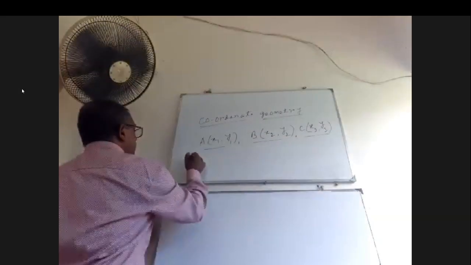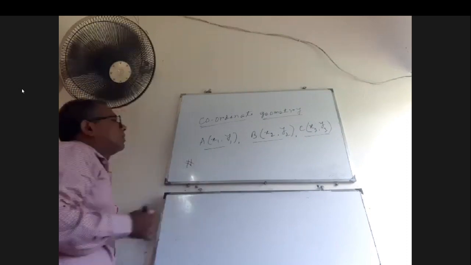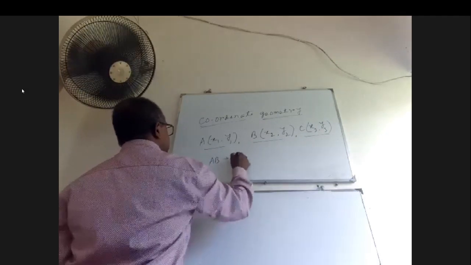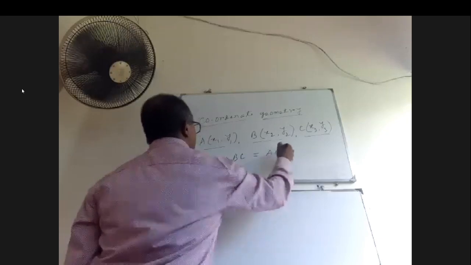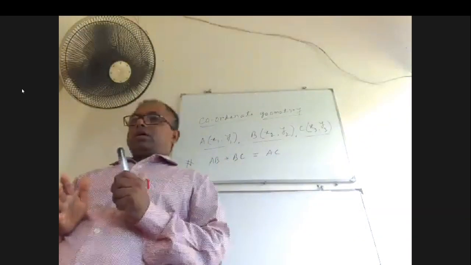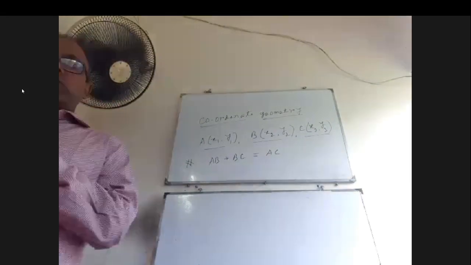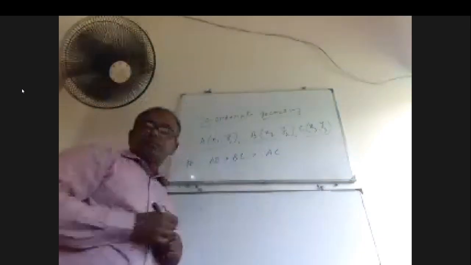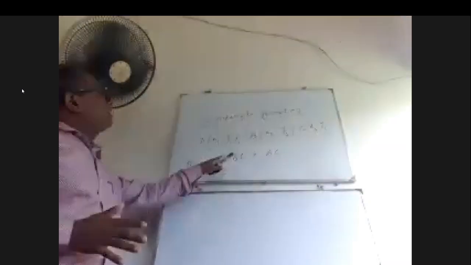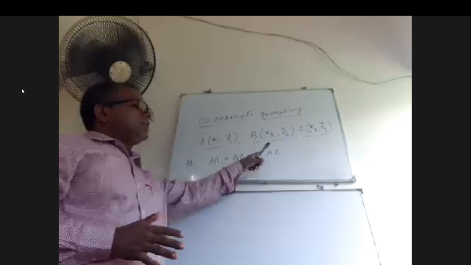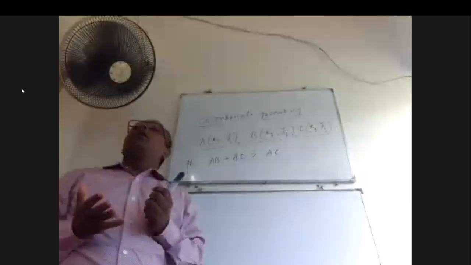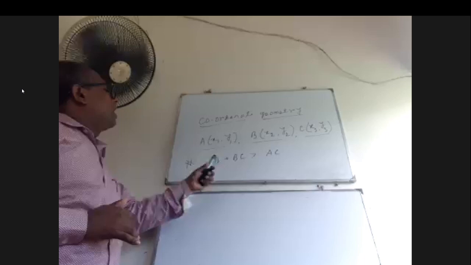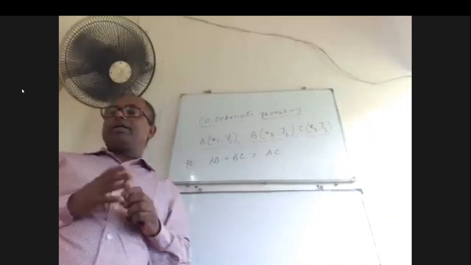Now, if the sum of any two sides is greater than the third, I have written on the board AB plus BC greater than AC, and we can write this in the other 2 ways, that is AB plus AC greater than BC, or BC plus AC greater than AB.